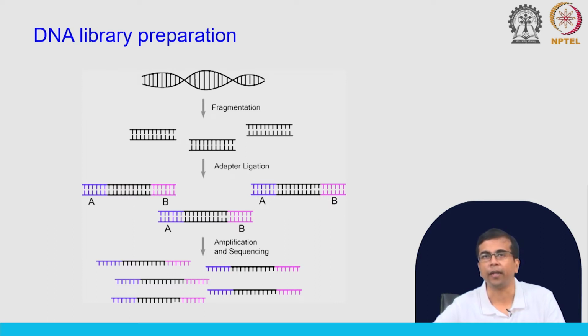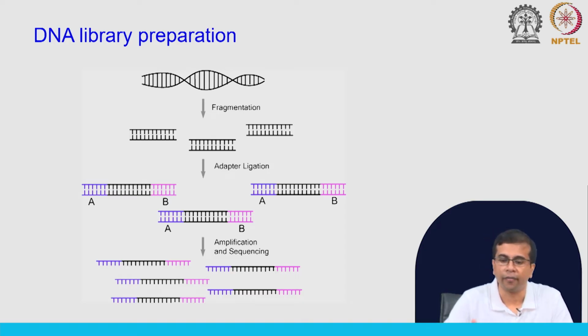Here is a schematic of the full process. Like Sanger, we start with the genomic DNA, and we generate fragments, because we cannot sequence the full genomic DNA in one go, because our genome is quite big. After you have fragmented this DNA, what you do is something called adapter ligation.